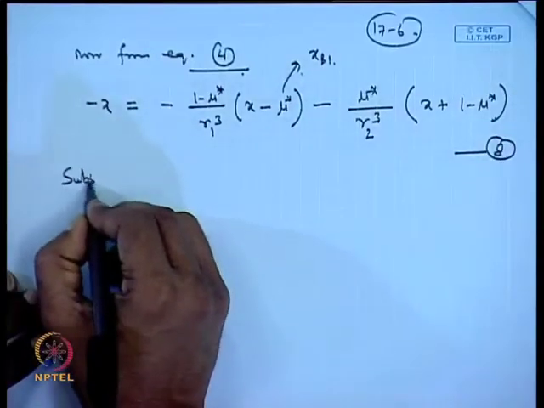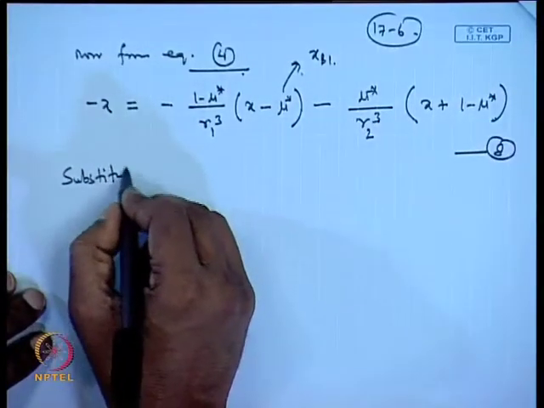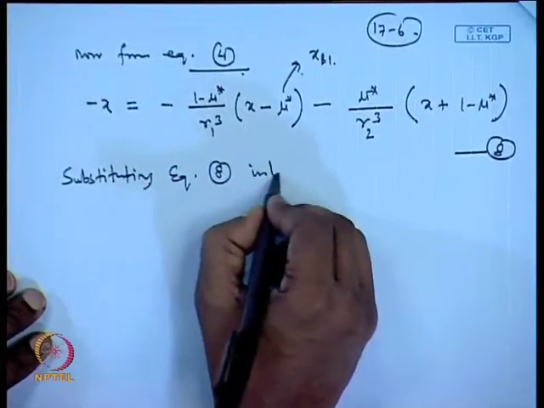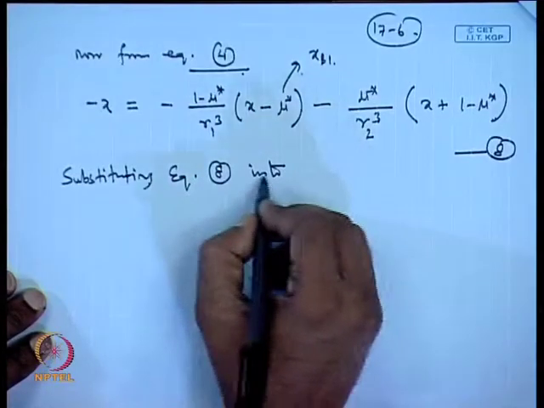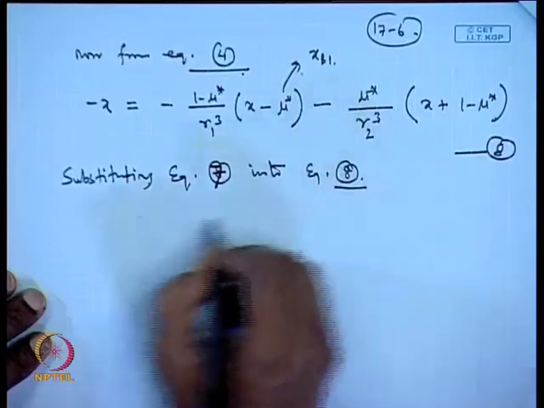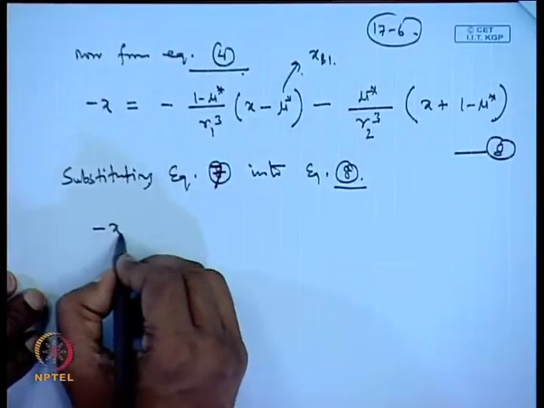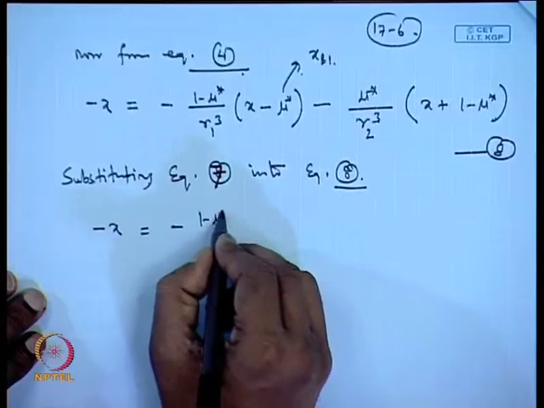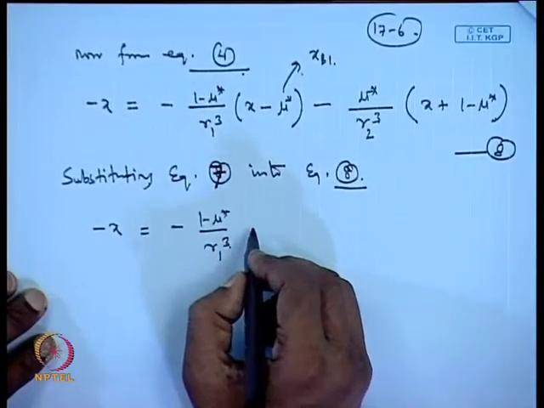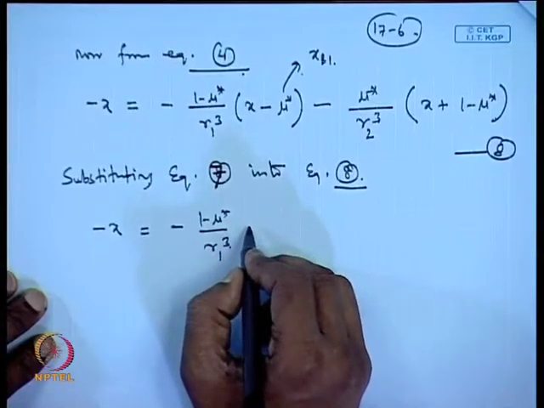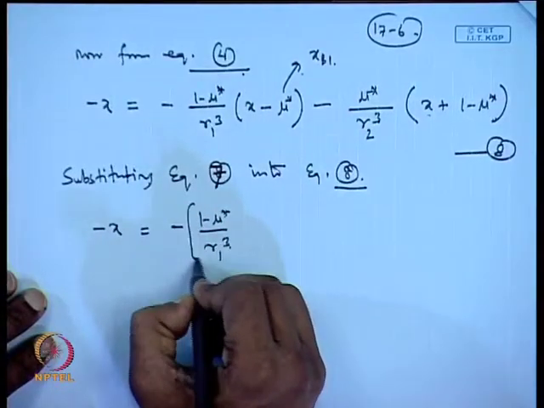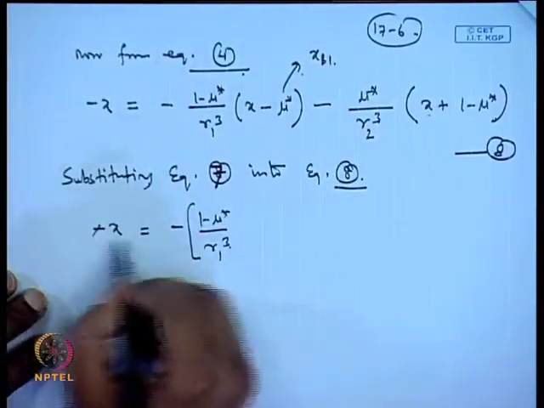So, substituting equation 8 into equation 7. First we will sort out the common terms. So, the minus sign we can cancel on both sides.